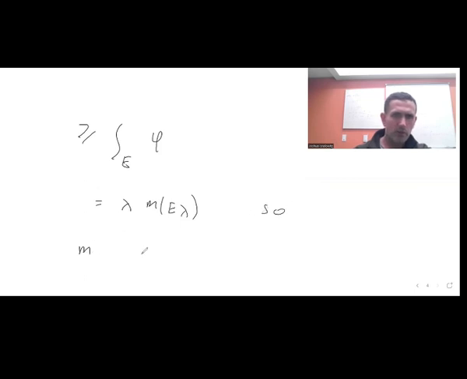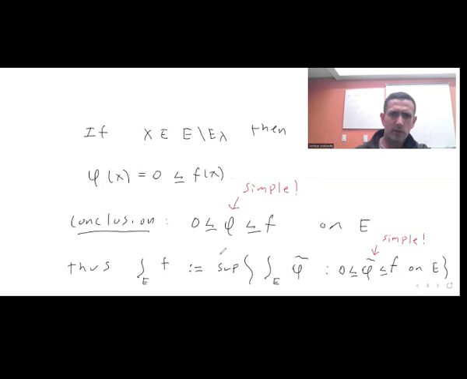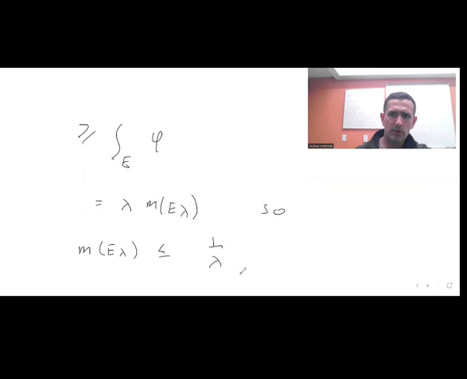And that proves it. The measure of E lambda is less than or equal to 1 over lambda times this integral here. So a nice little easy proof.